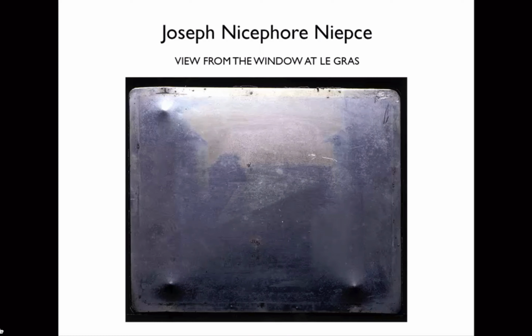However, it opened a door to something that could potentially be spectacular, right? So we have now this asphalt-coated plate put into a camera obscura, a very long exposure, and washed out in solvent. And then we have this faint image of the reality of the world that was in front of the camera obscura.